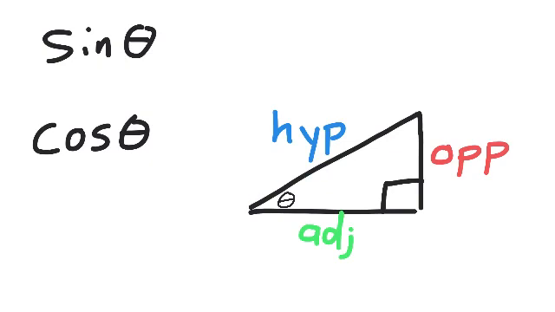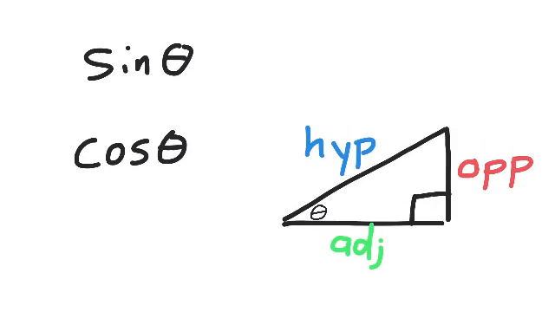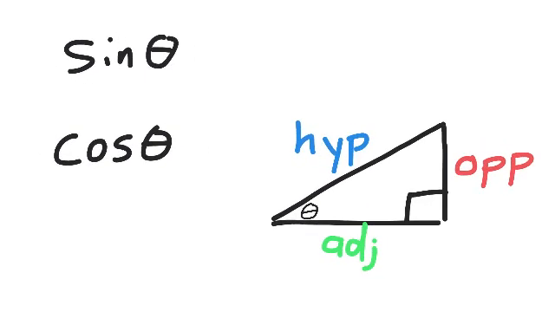I would always identify the hypotenuse first because some people get confused because there are two sides that are touching theta. One of them is always the hypotenuse, therefore the other one has to be the adjacent. So if I were you, I would identify the hypotenuse first, and then you can go about identifying the opposite and the adjacent. So today we're going to focus strictly on sine and cosine of the angle theta.